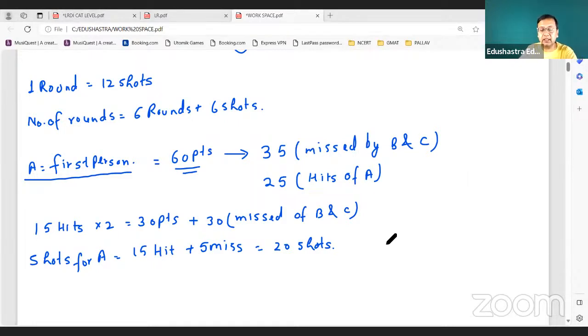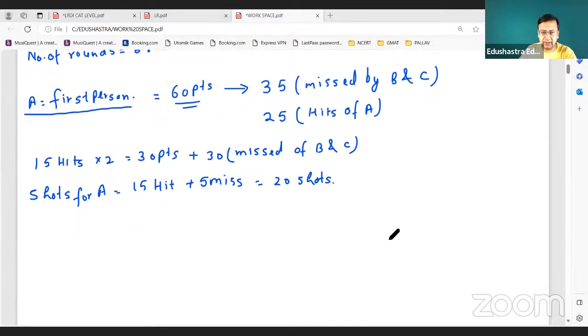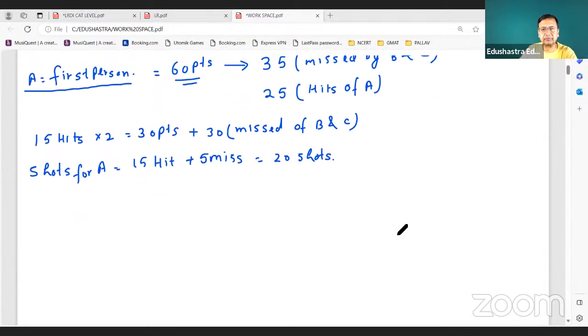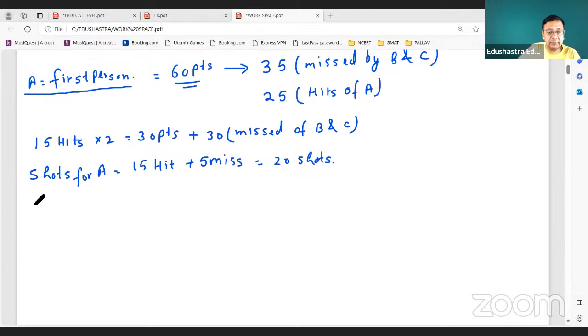Okay, so let me make some more assumptions for A. After 15, if I take 17 hits, so 17 into 2 is 34 points, right? If 34 points are there, how many points are remaining? 26 points are remaining.